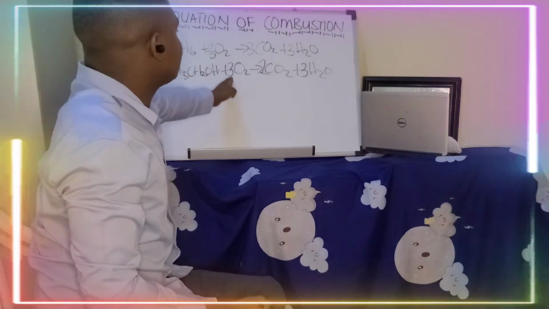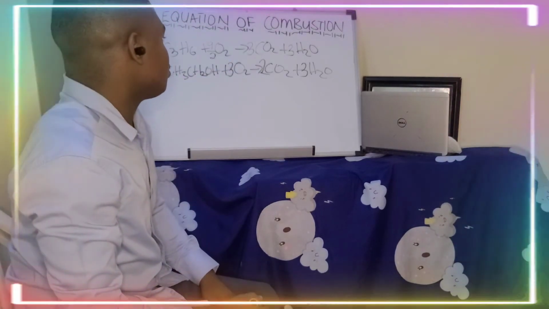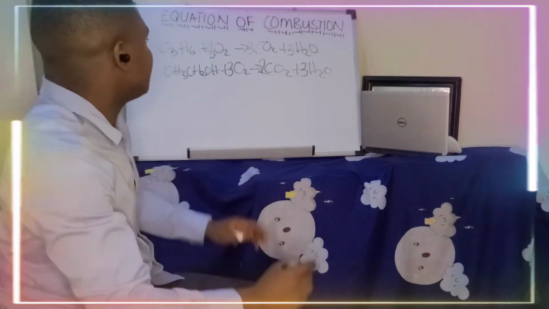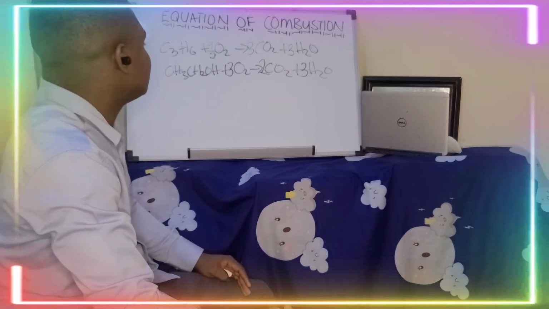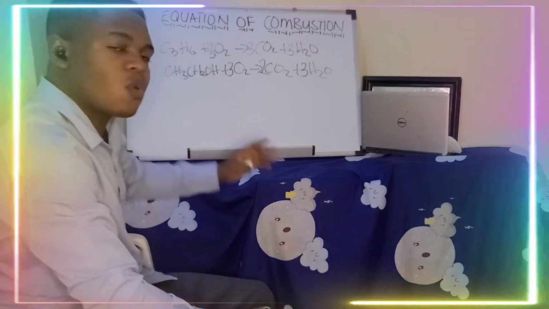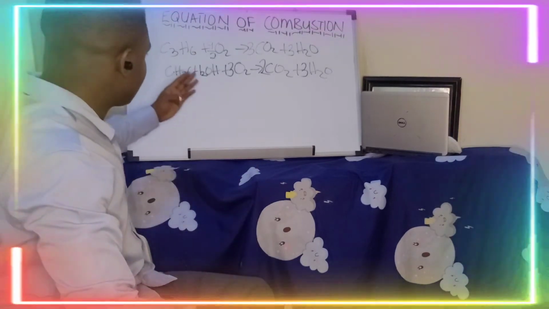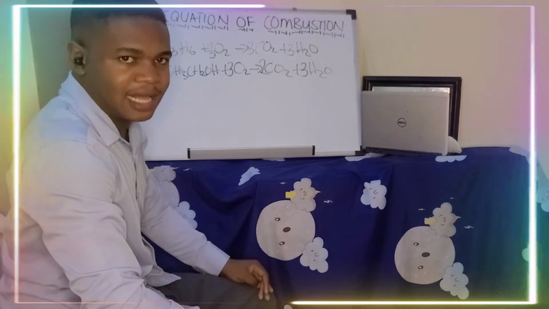Once you put a 3 there, this is now 6, and then this is now 7. So the rule is first balance the hydrogen atoms. After balancing the hydrogen atoms, then you can quickly balance the carbon atoms. When you've balanced the carbon atoms, then you can balance your oxygen atoms last.